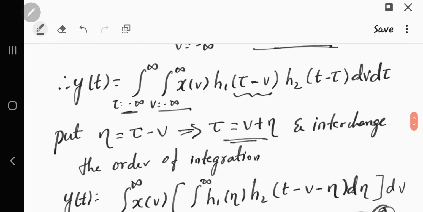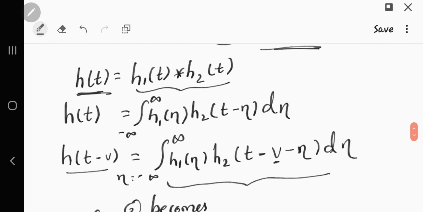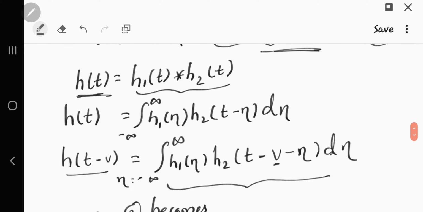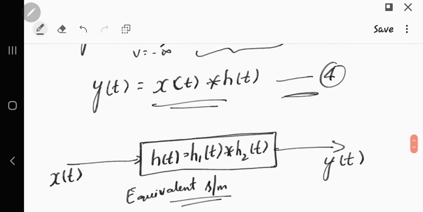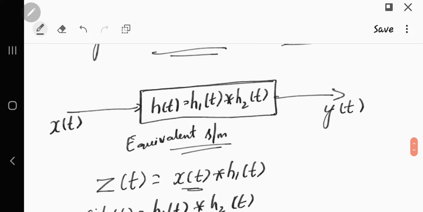And we came to a conclusion that the equivalent system will possess the convolution of the individual impulse responses. So that we described in the equivalent system, where the overall system impulse response possesses the convolution of the individual impulse responses. Okay, so this is the first thing we got from that.